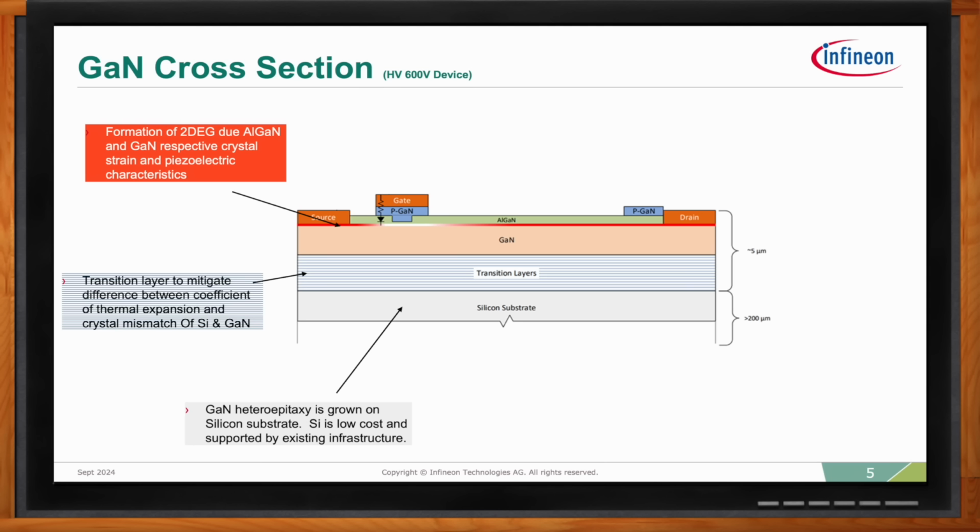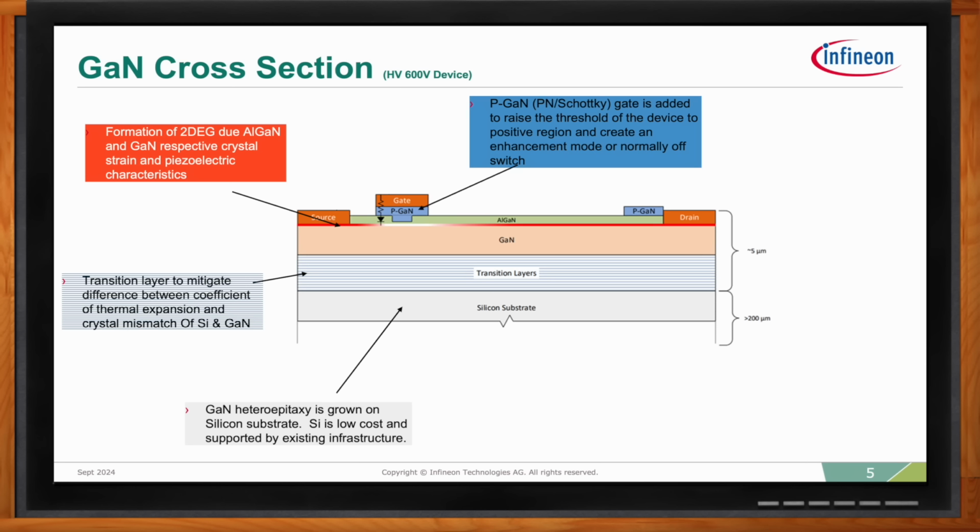However, since in power electronics applications a normally-off device is desired, a P-GaN, either in the form of an ohmic PN junction or a Schottky, is added to locally reduce the crystal strain and the piezo effect and pinch off the channel. This allows the device to normally stay off and only turn on when a positive voltage is applied at the gate.